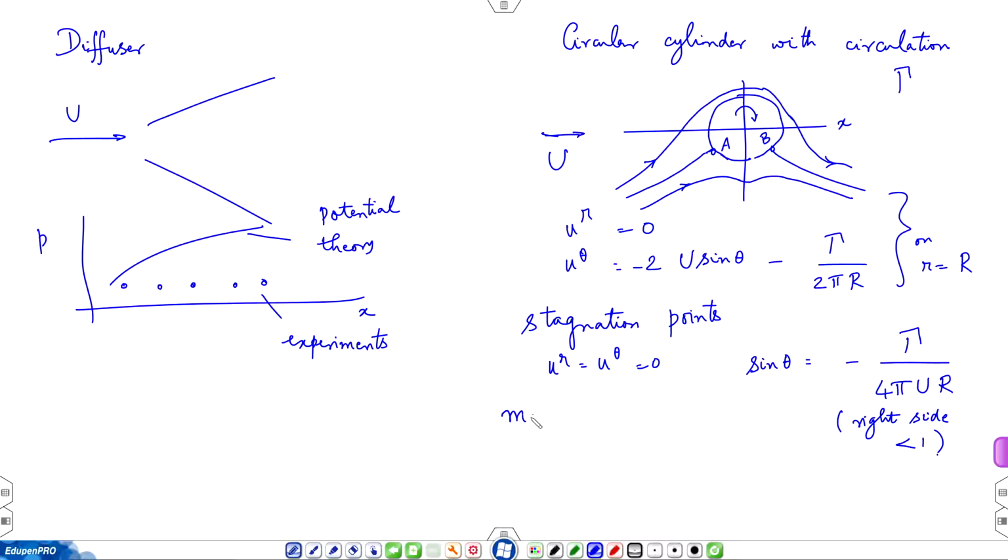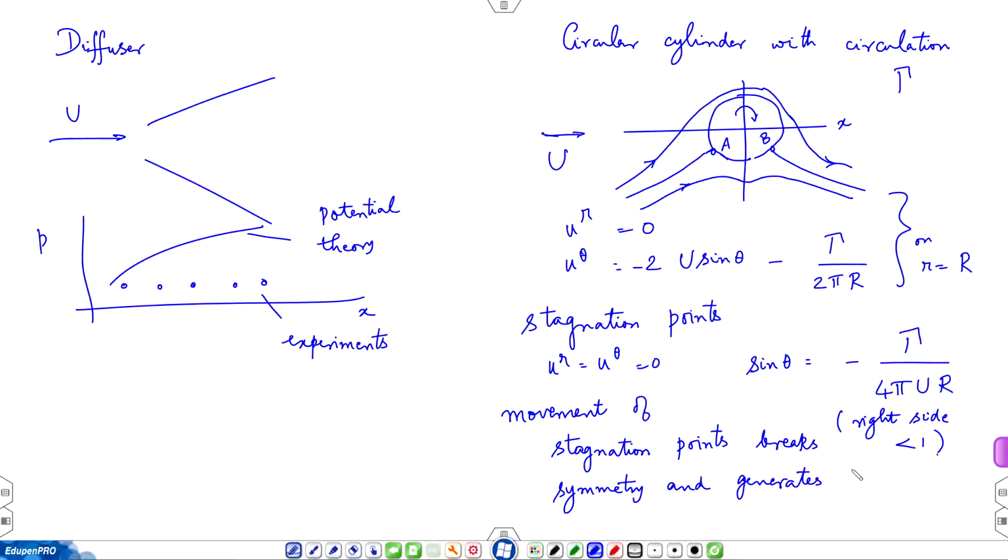So movement of stagnation points breaks symmetry and generates forces.